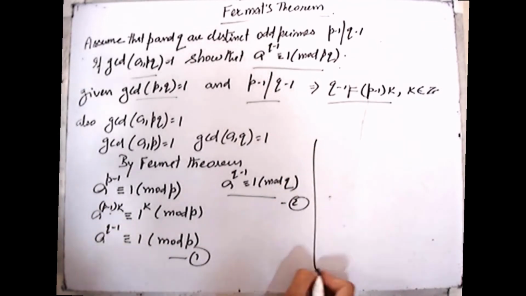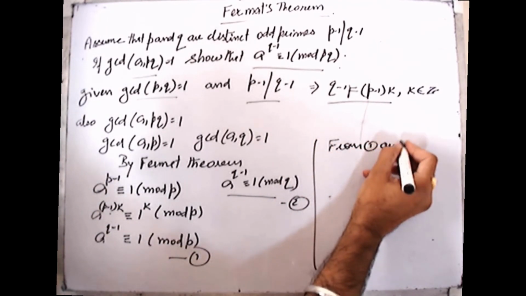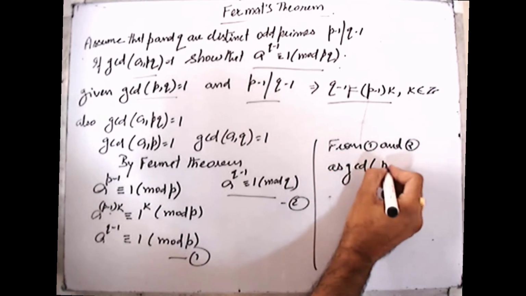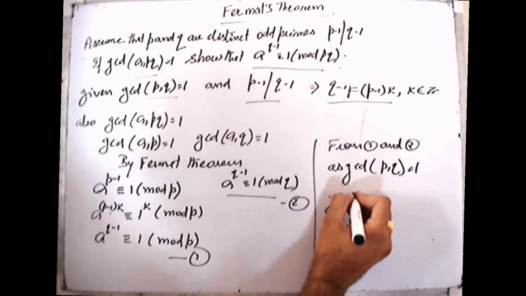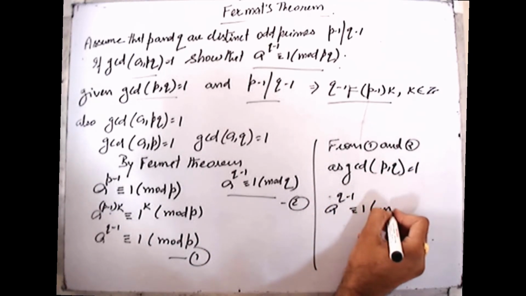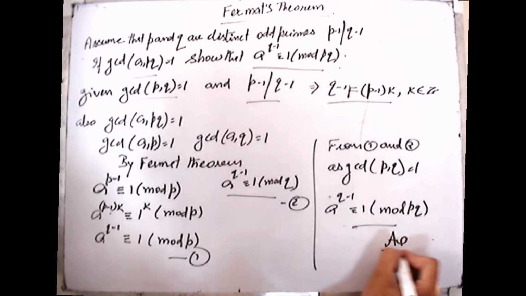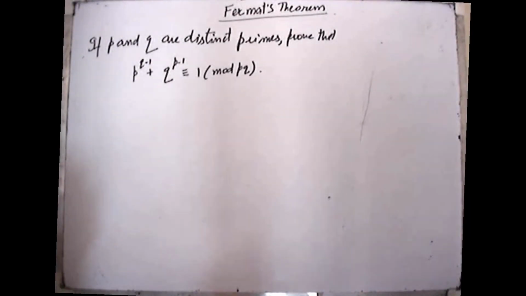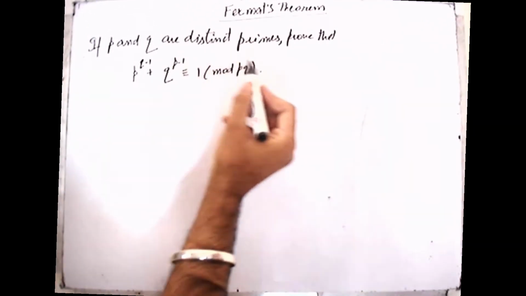From 1 and 2, as GCD of P and Q is 1, A^(Q-1) is congruent to 1 mod PQ. Desired answer.